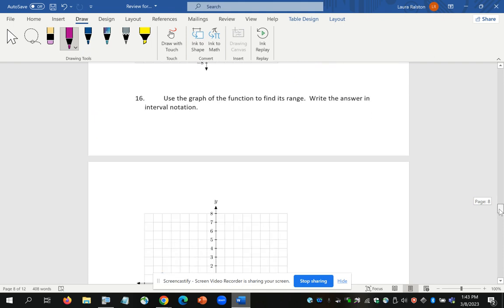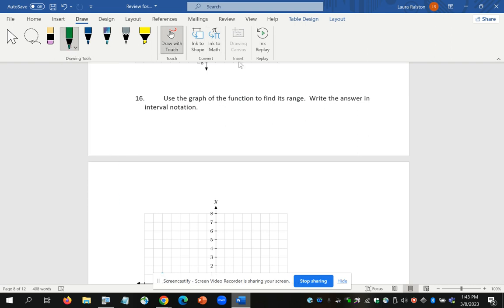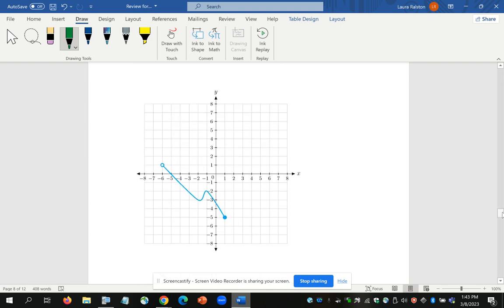Question 16 is the same graph, but this time they ask you to find the range. The range is the y values. The same information that I just gave you still applies.